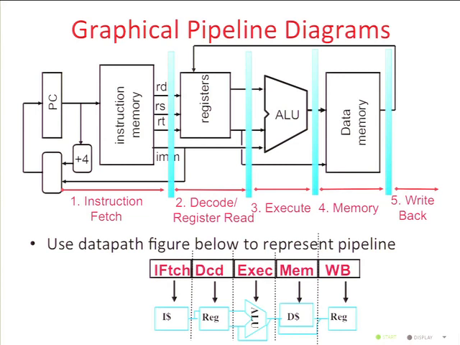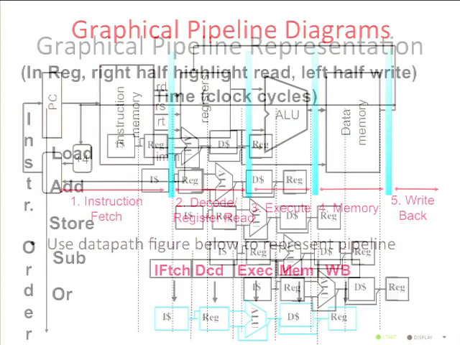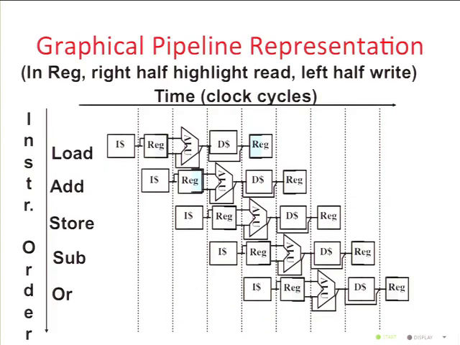So this is another view of this pipeline type of execution. And the idea is that when we're reading from a resource, the right half will be shaded. When we're writing to a resource, the left half will be shaded. Okay, and here we have the register files highlighted that way.